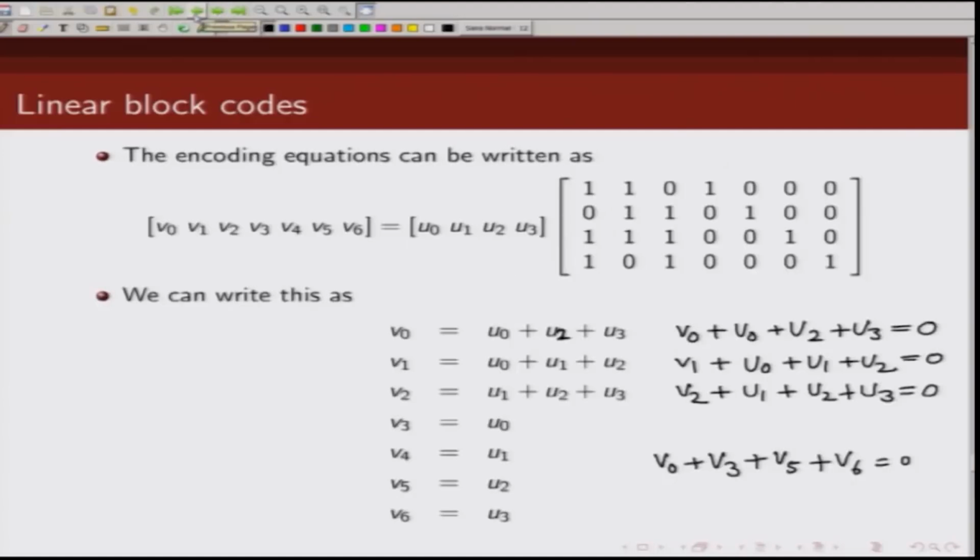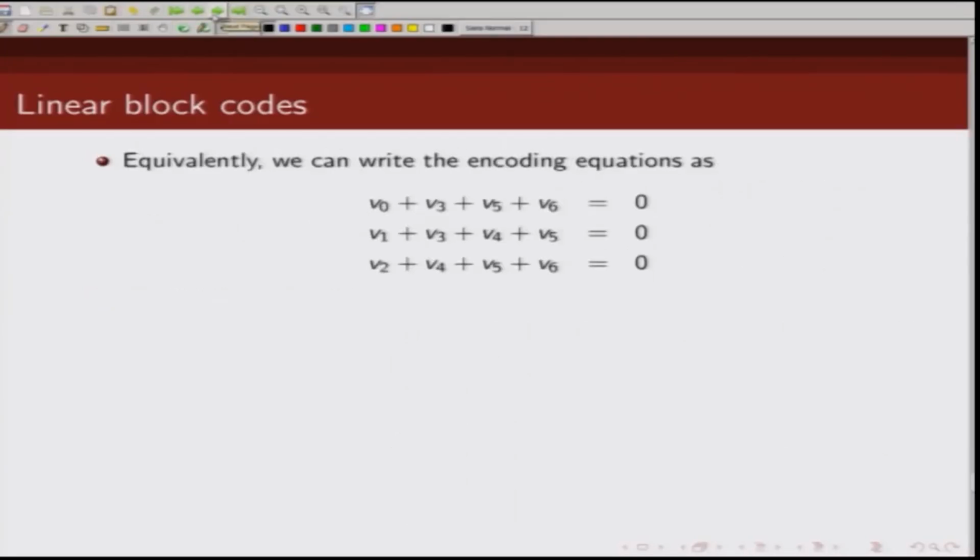Similarly, we can write the other equations as well. Here also we will replace u0, u1, u2 by V3, V4, V5, and what we will get is V1 plus V3 plus V4 plus V5 is equal to 0.